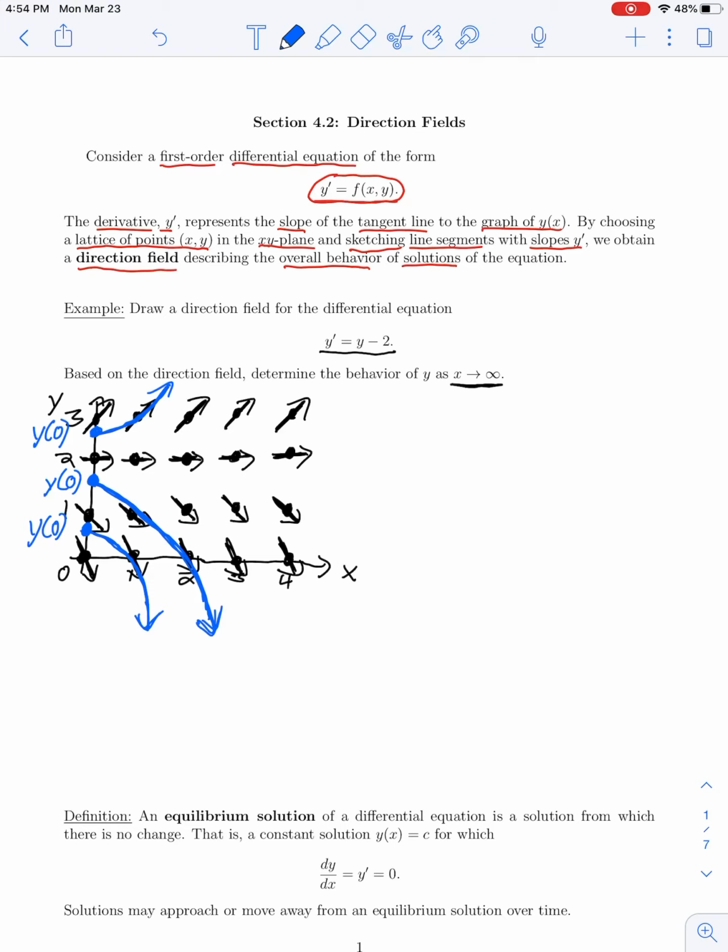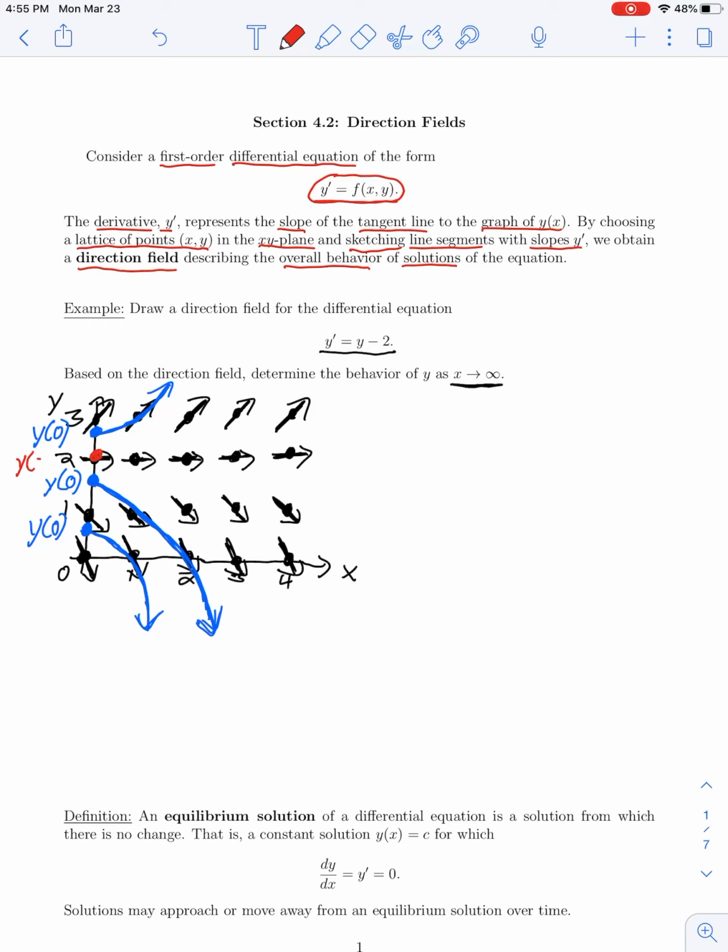And there seems to be a split occurring in the behavior of our solutions. There's a couple of solutions we've drawn here that are decreasing. They seem to be decreasing more rapidly, whereas one of our solution curves that we've drawn was increasing. And based off the inspection of our direction field, we might guess that this split is occurring at 2.